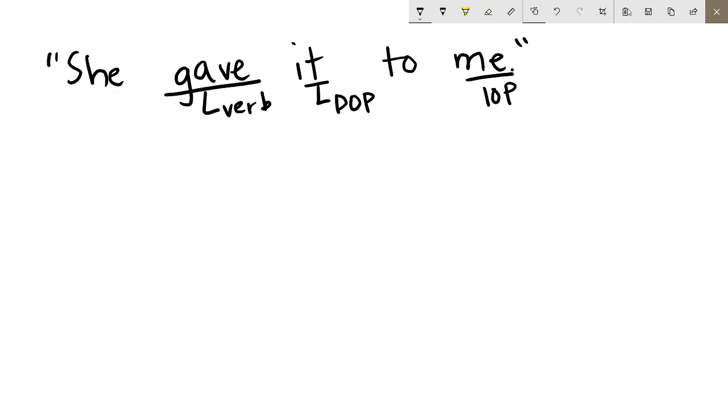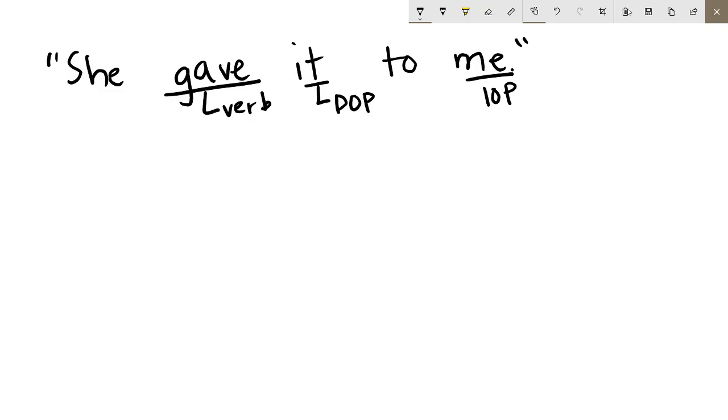But in Spanish, it could be anything. This it could be a car, it could be a book, it could be a sofa, it could be a cell phone, it could be a hat, it could be a shirt, it could be many things. Okay? And as you know, in Spanish, all of these nouns have grammatical genders.